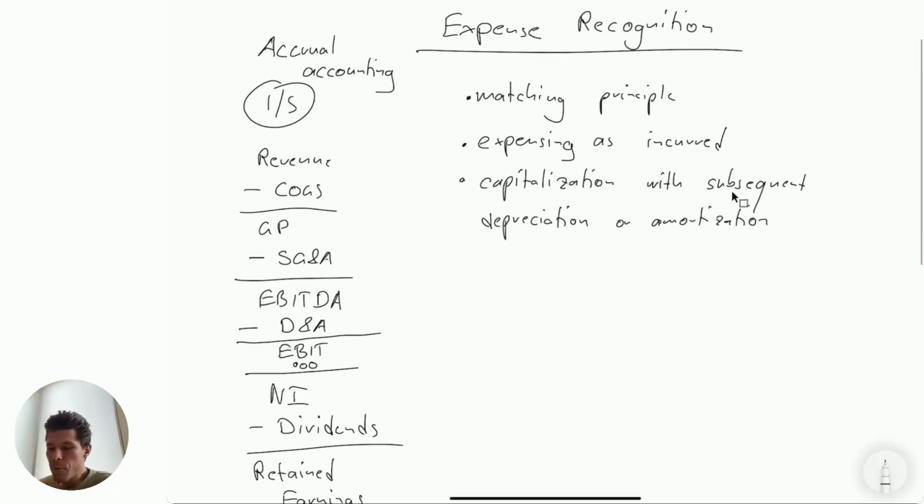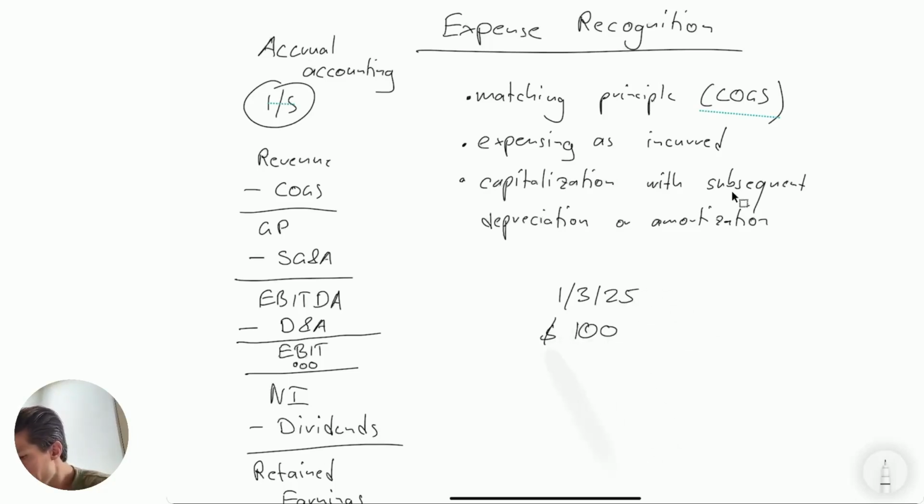Good. Matching principle. And again, we are not looking at this topic from an accounting perspective. It's a bit more complicated. Just want to give you an overview. If we look at matching principle, and here we use this mainly for cost of goods sold, is when you sell a product. Let's say in our earlier example, when we talked about revenue recognition, we talked about selling the product for $100.